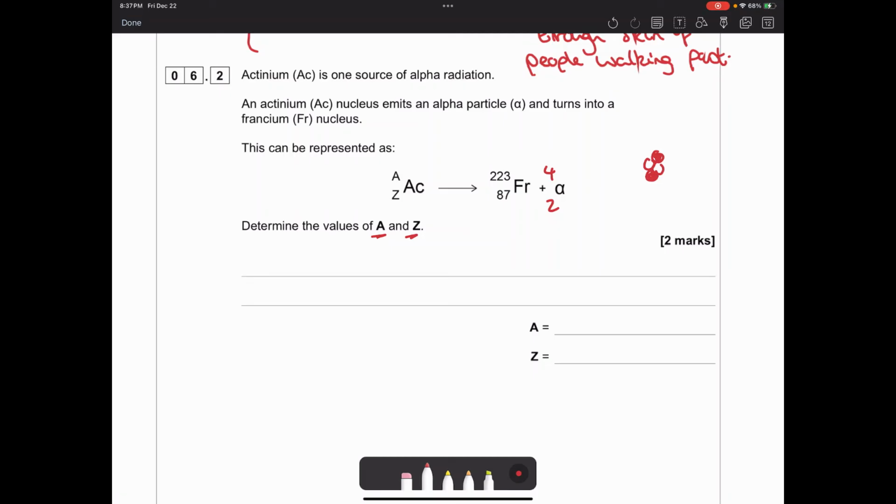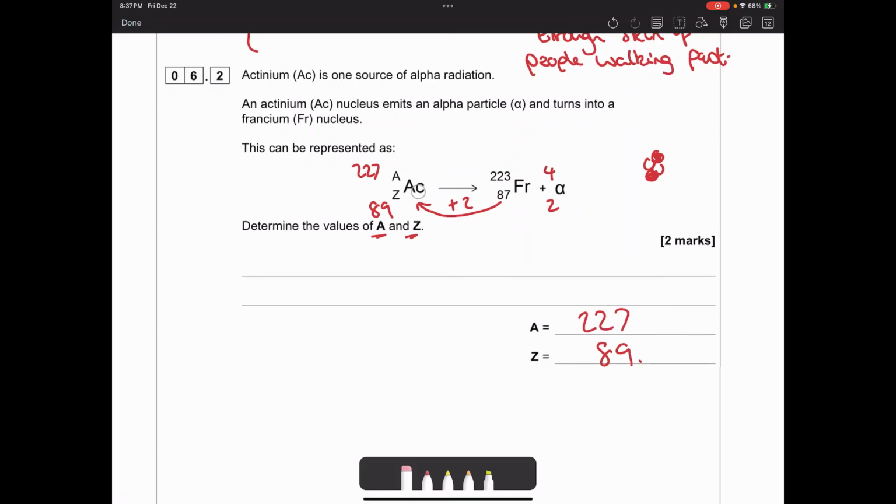So if I'm giving off an alpha particle, my actinium has lost a mass of 4. So if I'm losing a mass of 4 to go back to what it was, I would add 4. So that would be 227. And then because I've lost 2 protons on this one, I would add 2, and that would put me back on 89. So it would be 227 and 89.